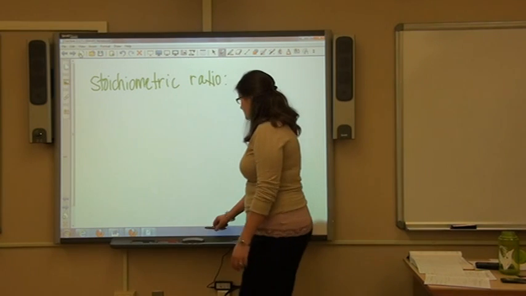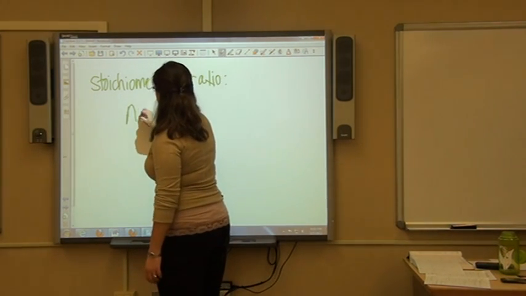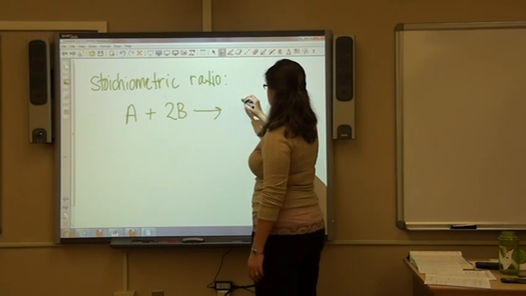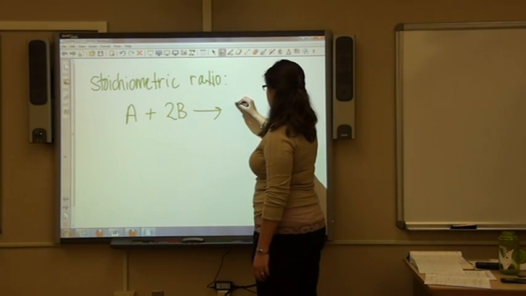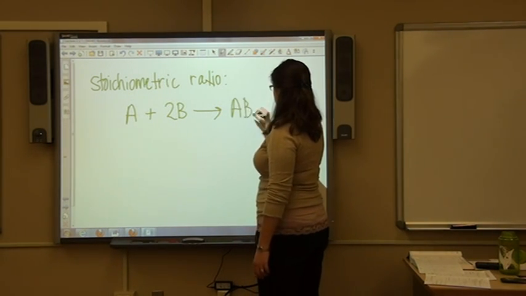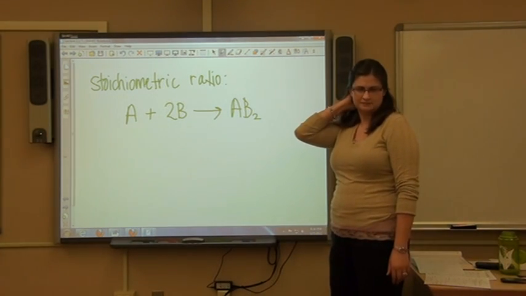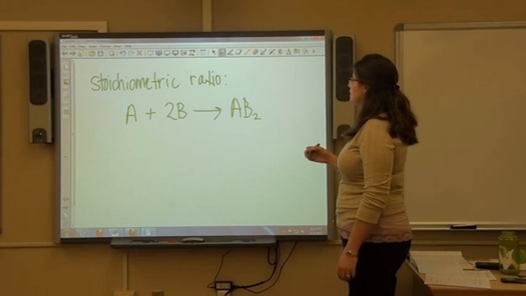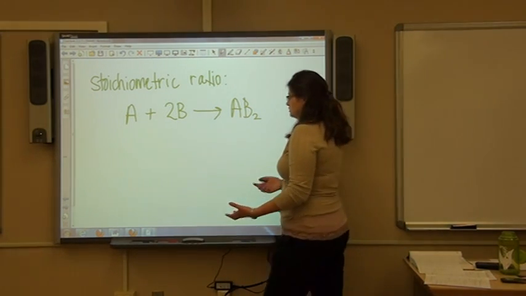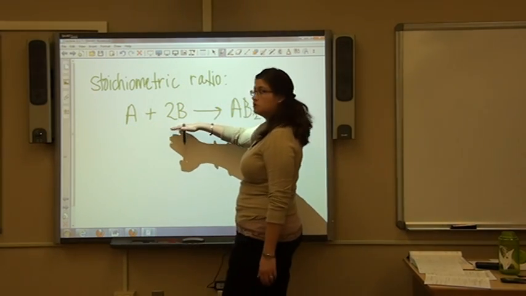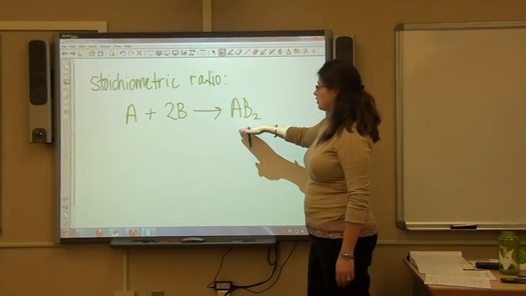So, if this is my generic chemical equation, I have a ratio of 1 mole of A to 2 moles of B to 1 mole of AB2.